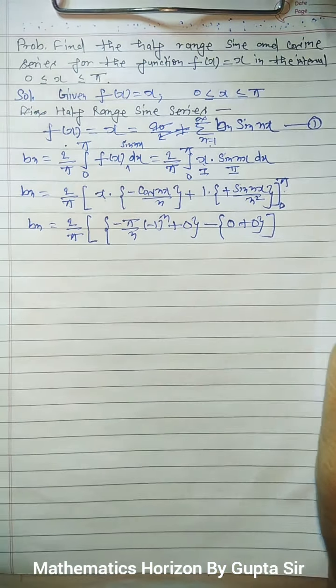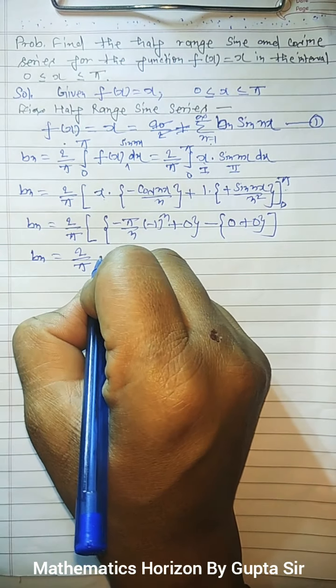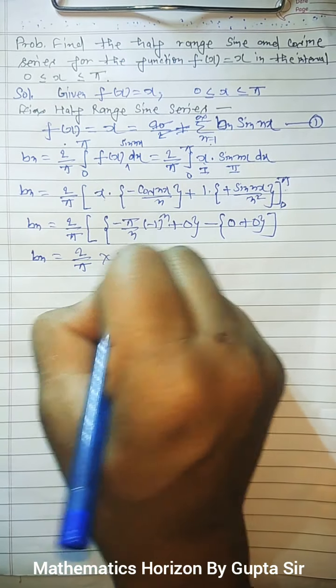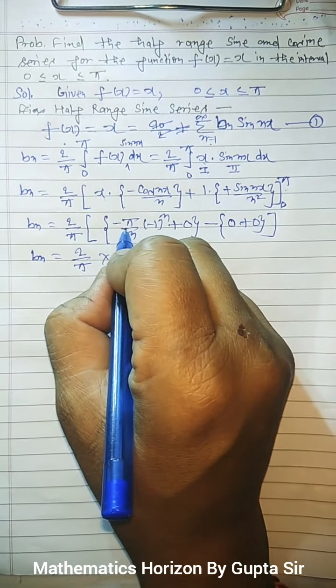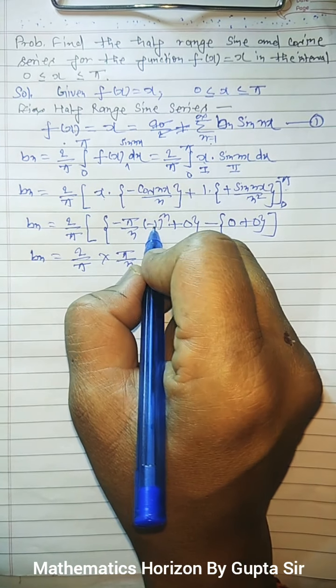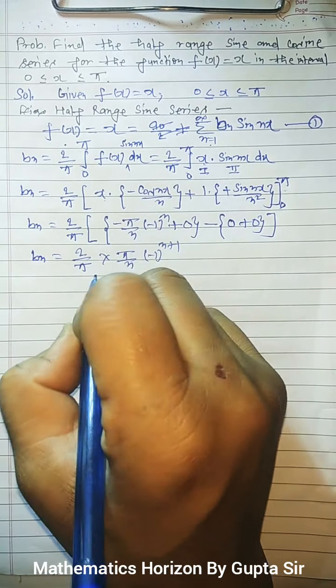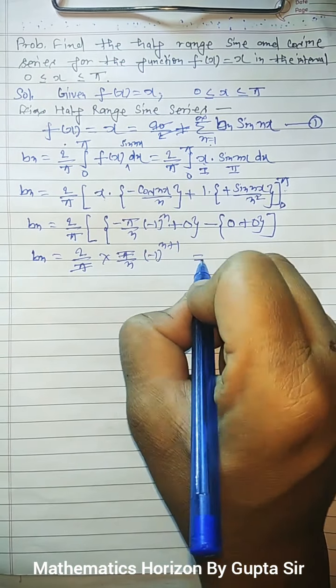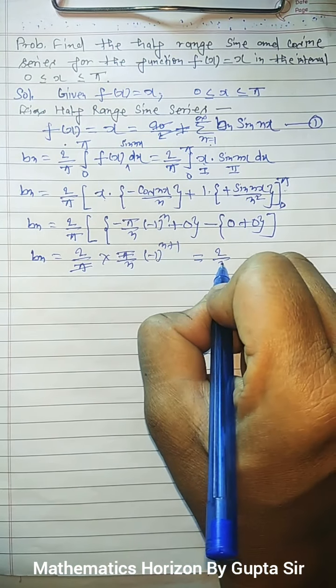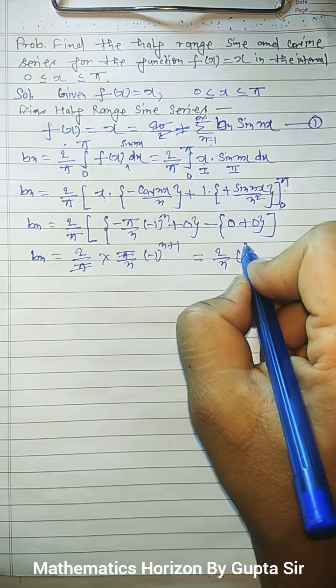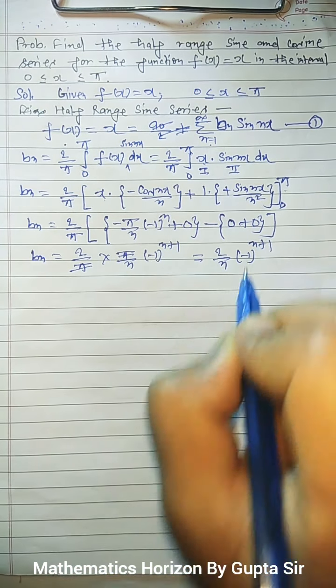That is Bn is equal to 2 upon pi into pi upon n. Here minus 1 and minus 1 to the power n, we can write down this as minus 1 to the power n plus 1. This pi's cancel out. That is 2 upon n minus 1 to the power n plus 1.